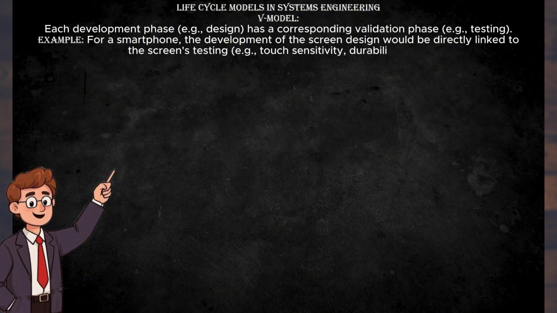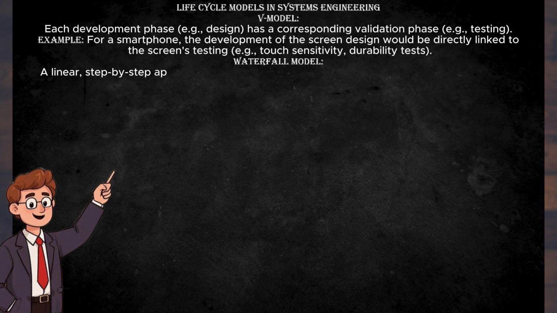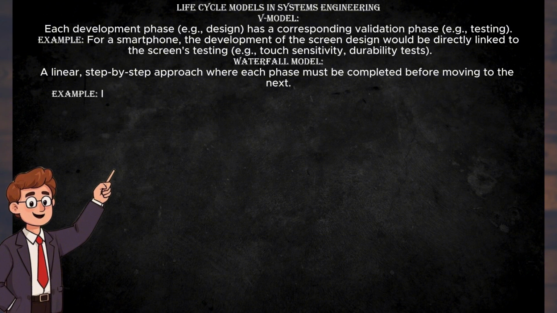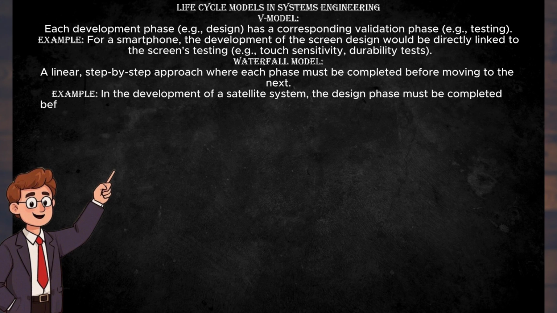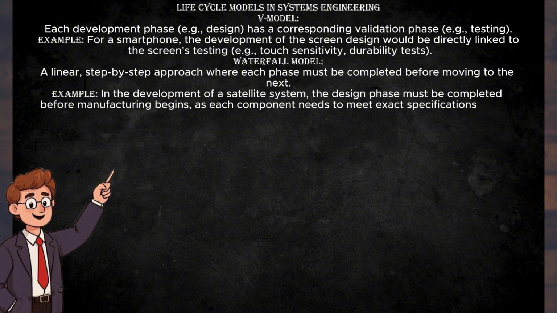sensitivity, durability tests. Waterfall model, a linear, step-by-step approach where each phase must be completed before moving to the next. Example, in the development of a satellite system, the design phase must be completed before manufacturing begins, as each component needs to meet exact specifications before being integrated.